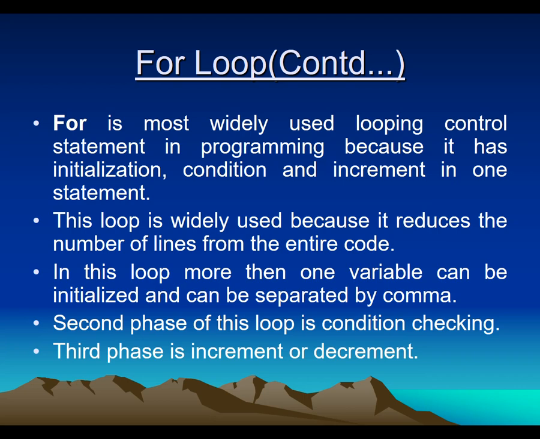Now the theory of the for loop says that it is the most widely used looping control statement in programming because it has initialization, condition, and increment and decrement in a single line. Now if you observe the while and do while statements which we completed in the previous lecture, the initialization section, condition section, as well as the increment and decrement section are on separate lines.